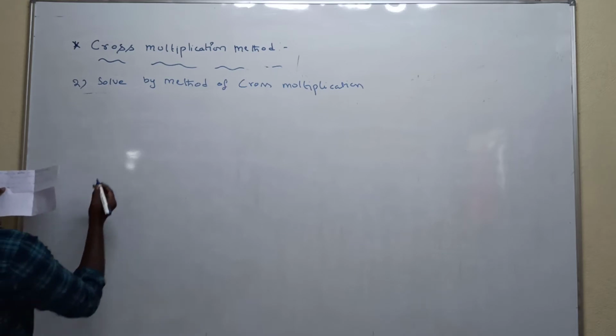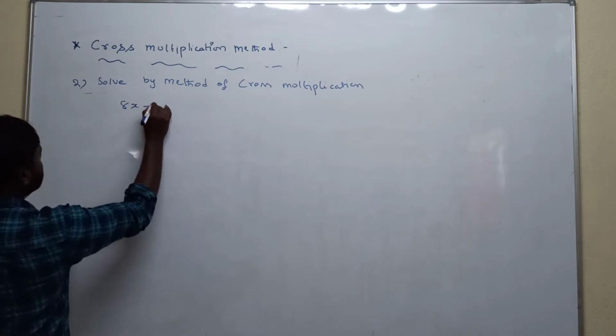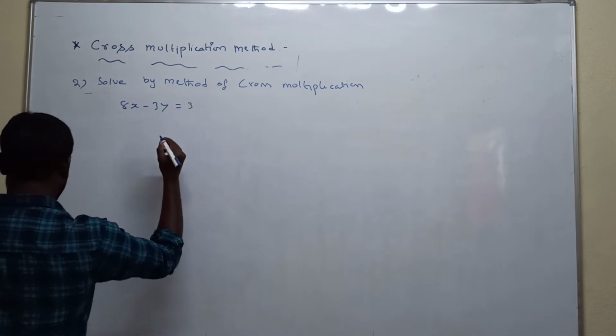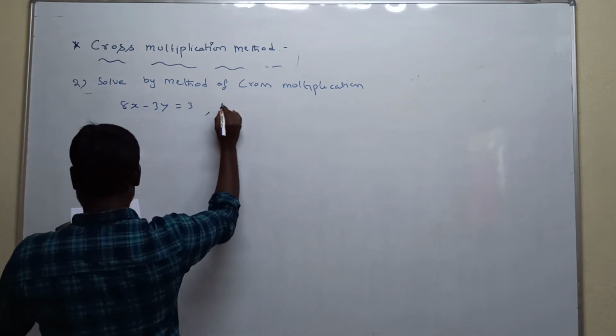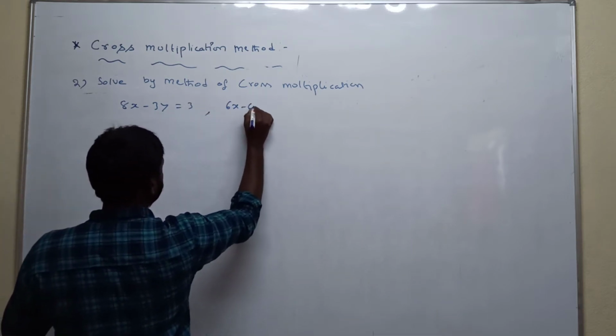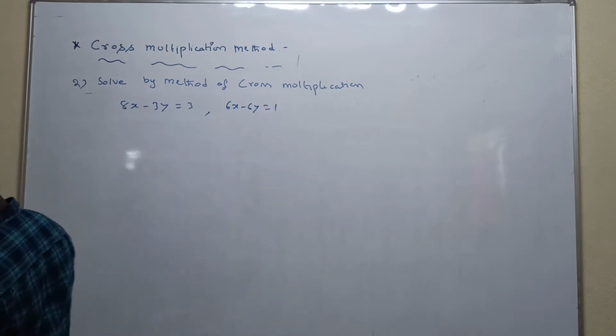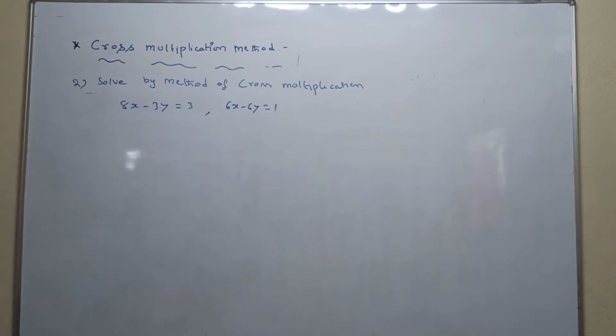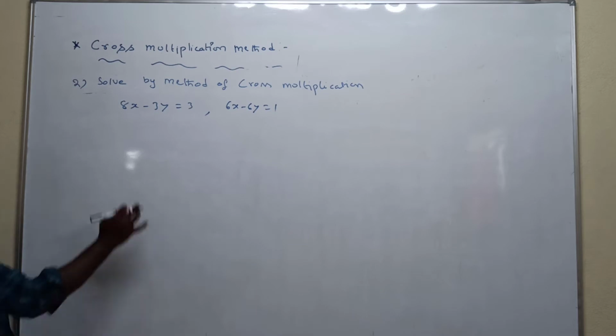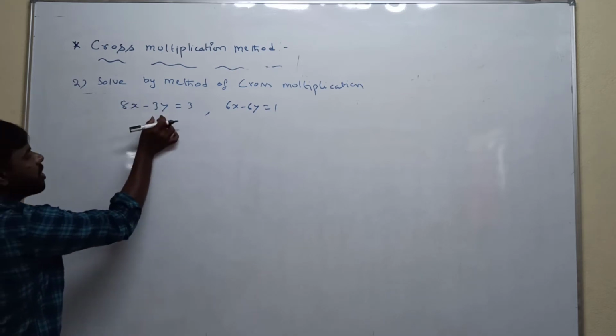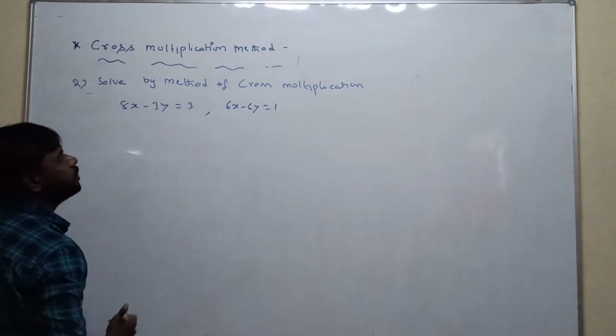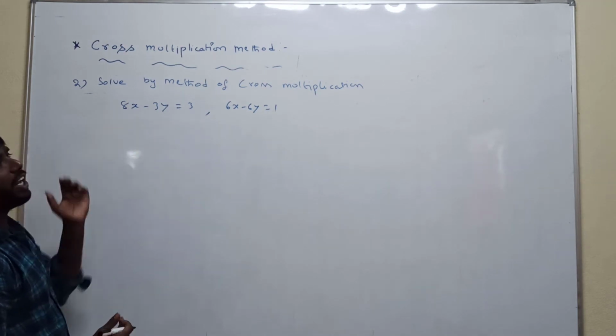So the second question is 8x minus 3y equal to 3 and 6x minus 6y equal to 1. We can observe both equations are not in the form of a1x plus b1y plus c1 is equal to 0. That's why we rearrange the form.